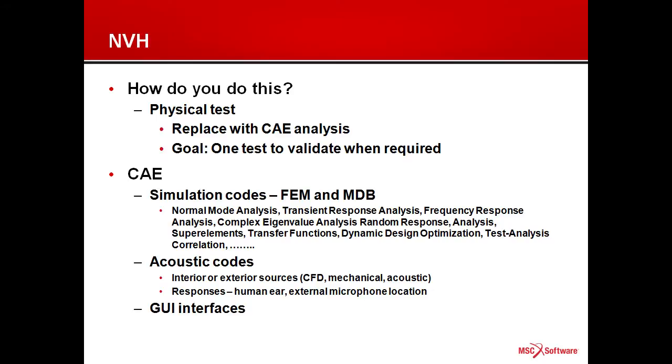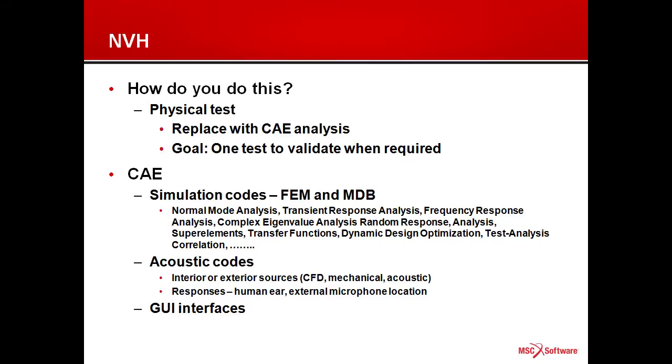Those who have been in both worlds, test and analysis, know that that's not possible. Every time you run that test vehicle down the test track, even with the most controlled conditions and the best driver that you have in the fleet, there are going to be slight variations. CAE is going to give you the same answer every single time. That's just because it's numerics and it's computers.